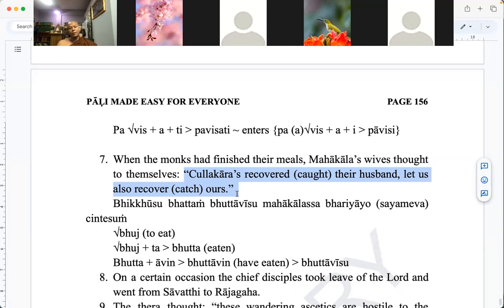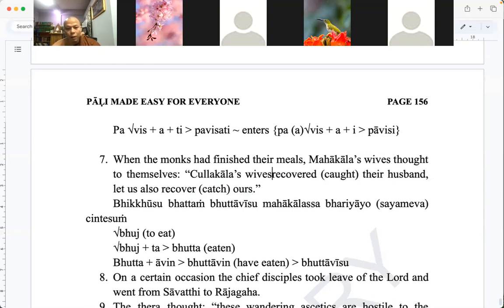The quotation, you see. Jane D. Their thought is here: Chula Kalasa's wives recovered their husband. So let us also recover ours, our husband, in this way.